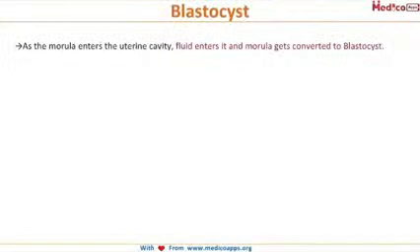Now I'll give you a brief idea about the blastocyst. As I told you, the morula, when it enters the uterine cavity, is covered by a film of mucus. Fluid passes through the canaliculi of the zona pellucida and enters the morula, separating its cells, leading to the formation of blastocyst.